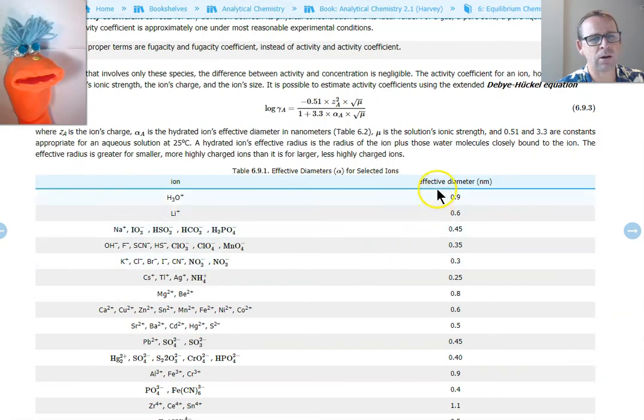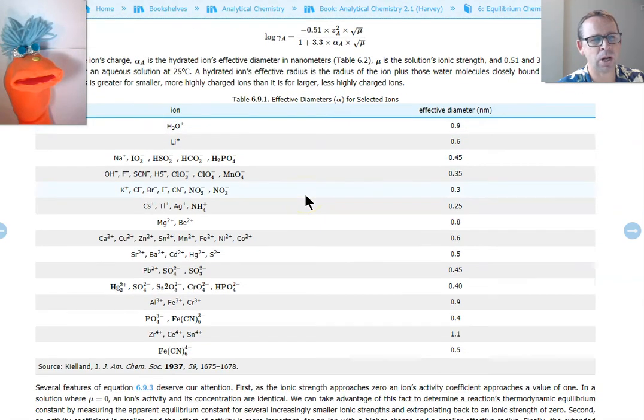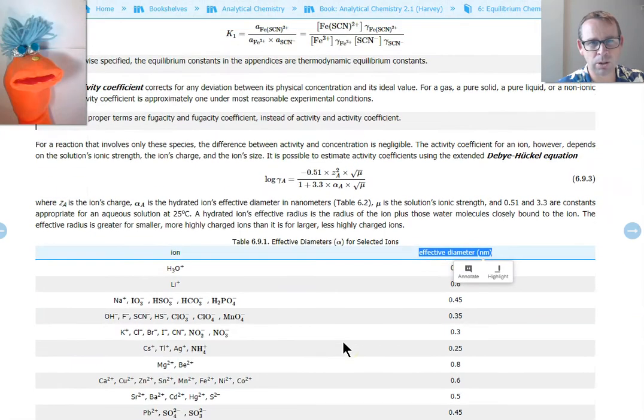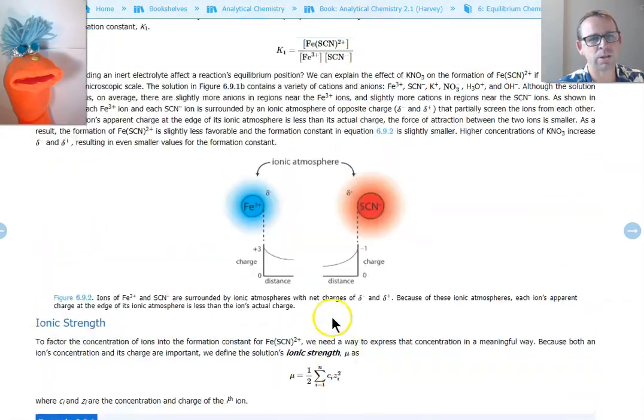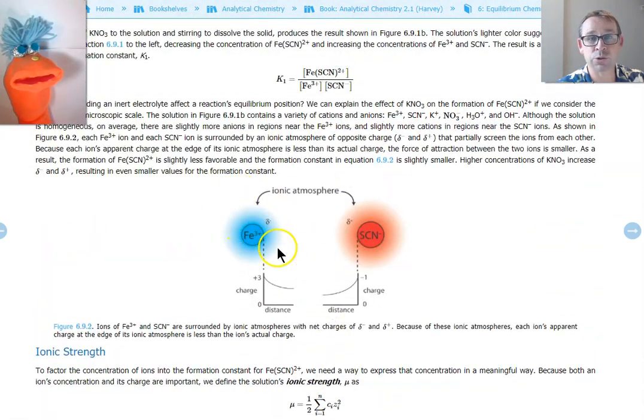All right, so let's look at our relationship between our activity coefficients and our concentrations. Now, another parameter that we need to take into account is what we call the effective diameter of our ion. As an ion gets smaller, it requires less water to surround it. But as an ion gets larger, more water molecules can surround and help support that ion.